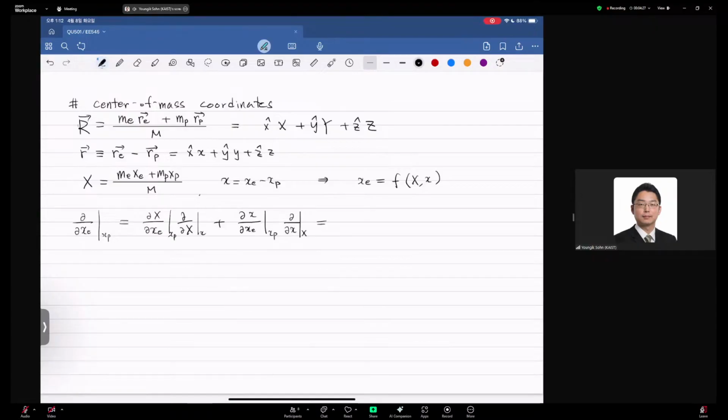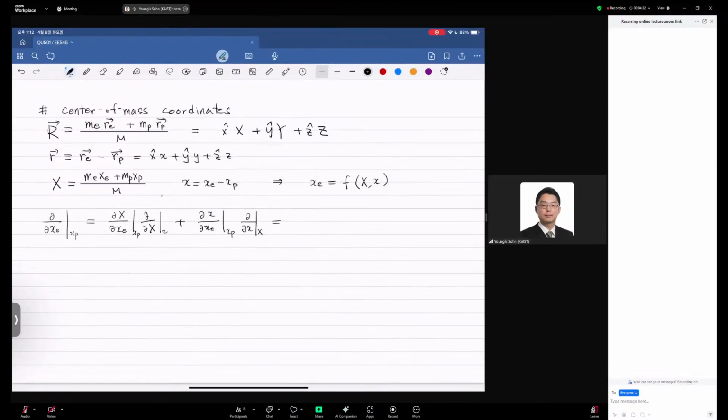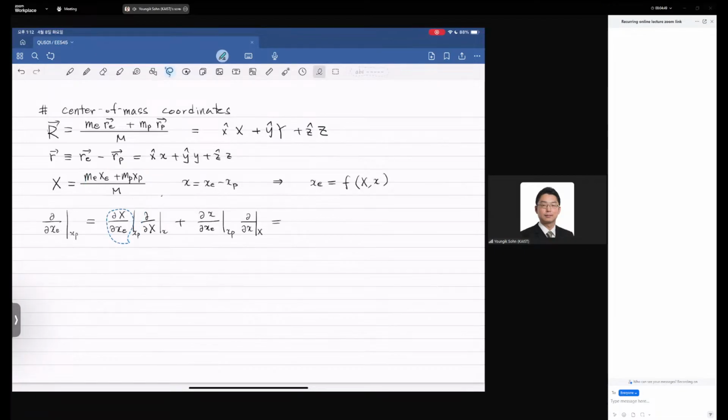What you typically learn from calculus: x_e is a function of capital X and small x. So if you take the derivative, you have to take both capital X and small x into account. Then this coefficient, capital X, you can take the partial derivative with respect to x_e, and you just get this number, m_e over m, a constant.